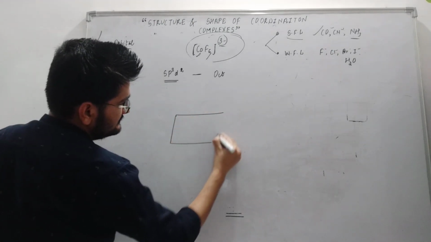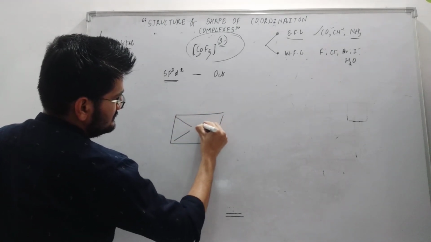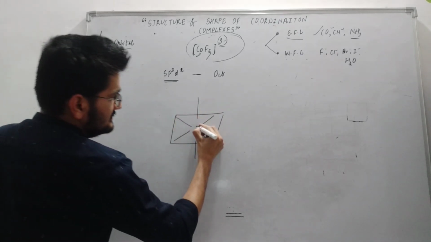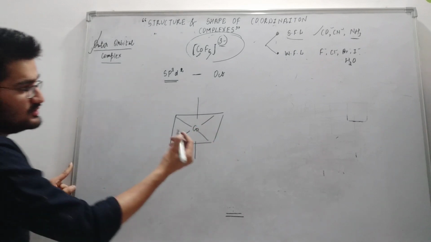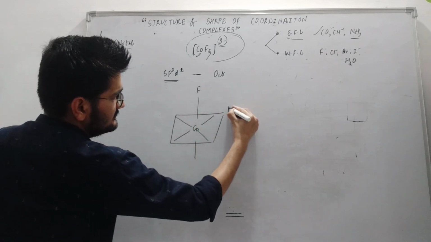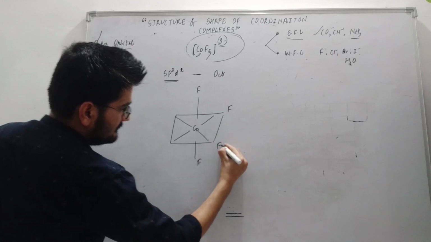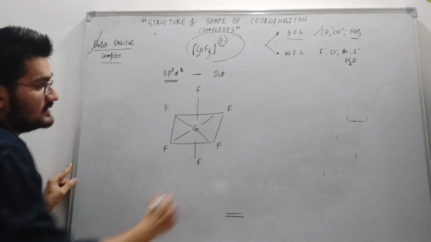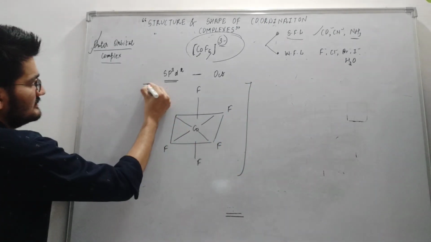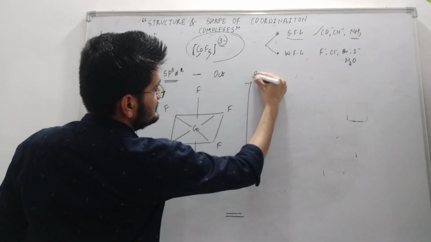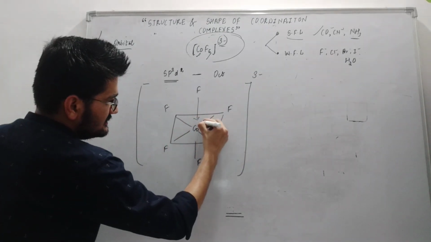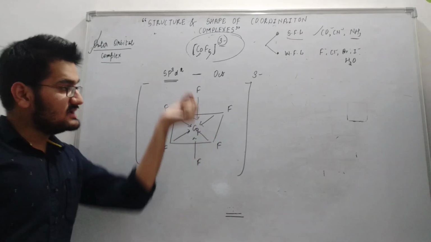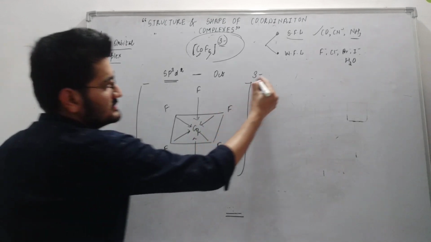So this is the octahedral structure. Here is cobalt, and these are fluorine. And the overall charge is -3. So this is the structure for this complex, and we can show the coordinate bonds. So 1 cobalt and 6 fluoride ions, and the overall charge is -3.